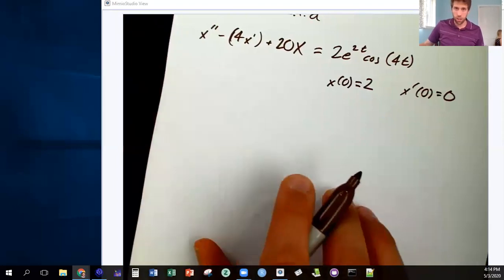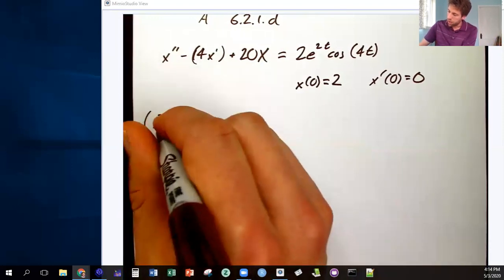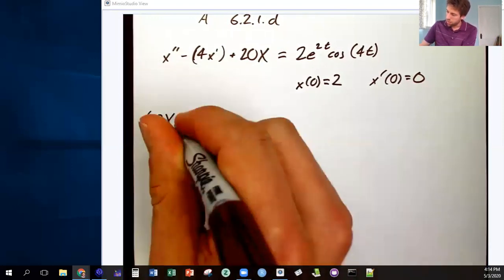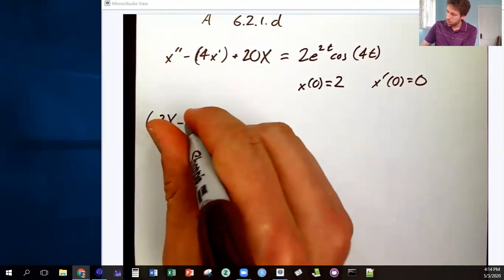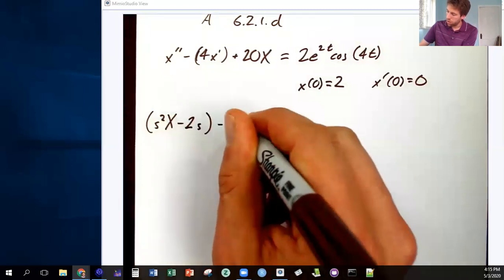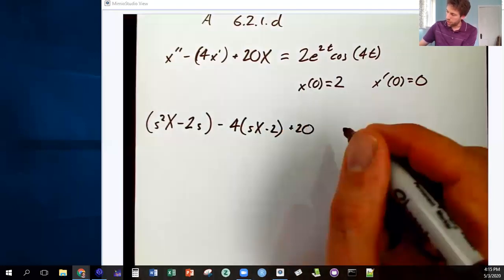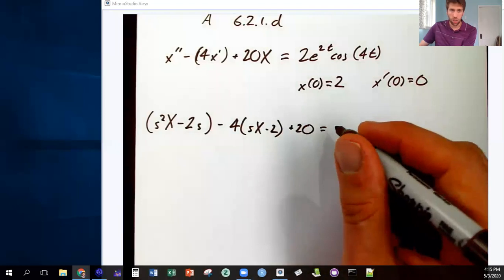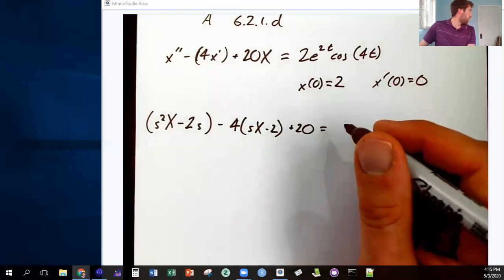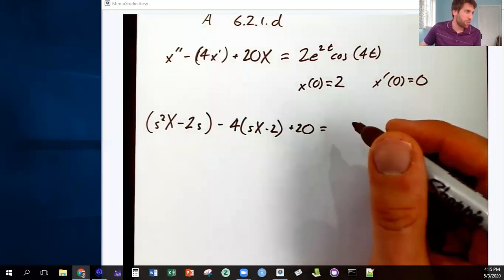Now we are doing s squared x minus 2s minus 0 minus 4 times sx minus 2 plus 20 equals, and then the Laplace transform here to do the e to the 2t cosine 4t.